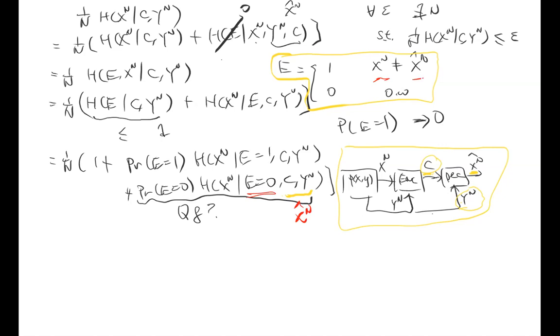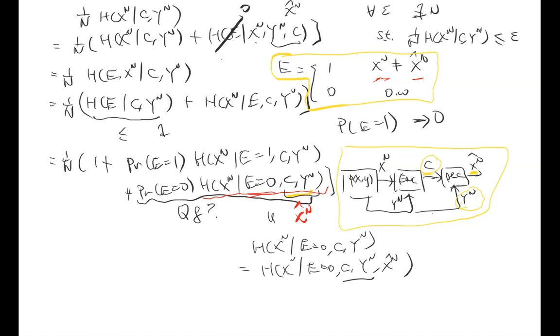So therefore, what is this again? Yes, this will be just 0. If I want to write more clearly, it will be H of xn given E equal to 0, c, yn, which is equal to H of xn given E equal to 0, c, yn, xn hat. I can write that because I know c and yn; this is already known, so putting it here doesn't change anything.